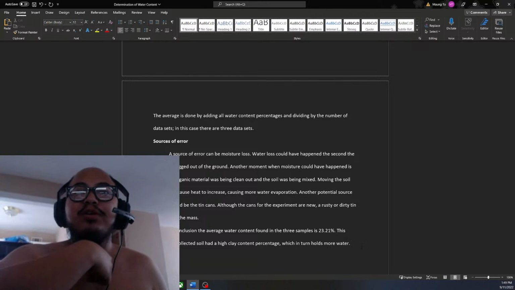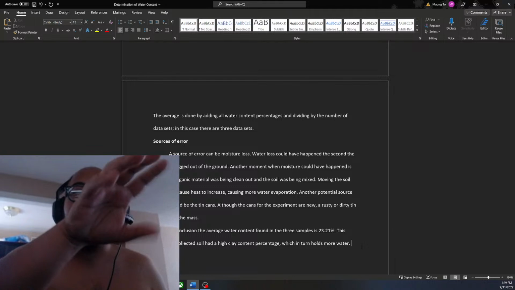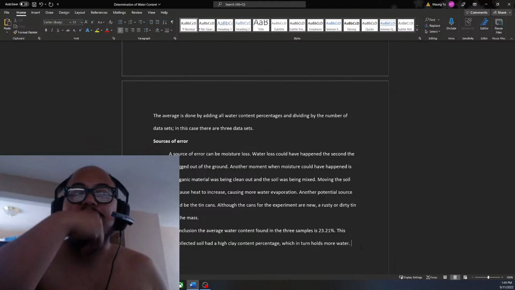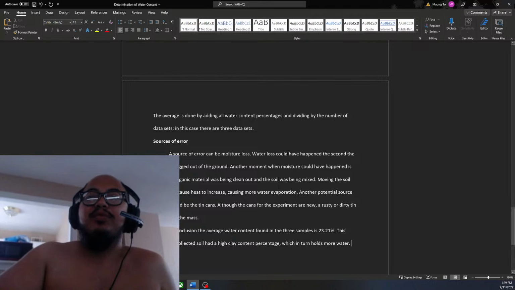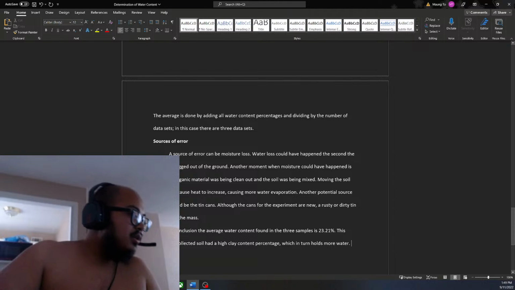In conclusion, the average water content found in the 3 samples is 23.21%. This shows the collected soil had high clay content percentage, which in turn holds more water.